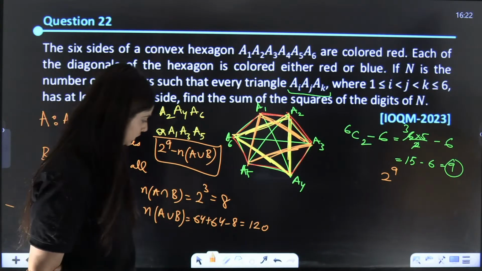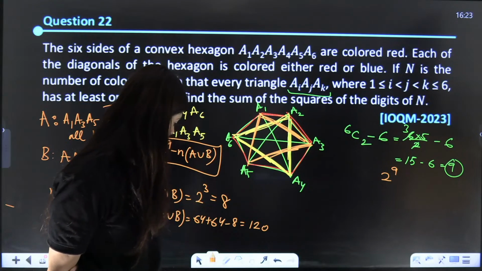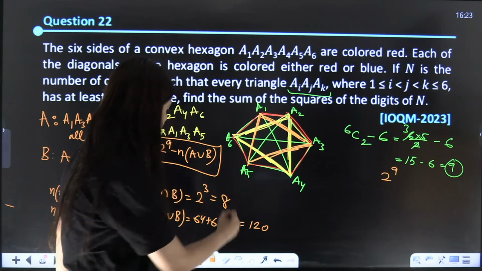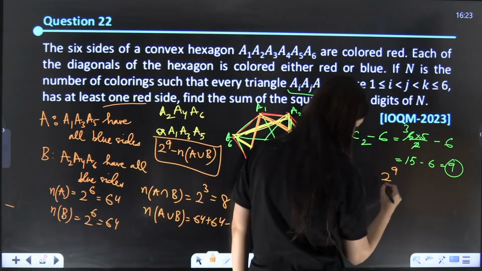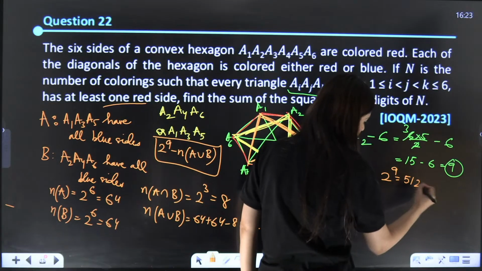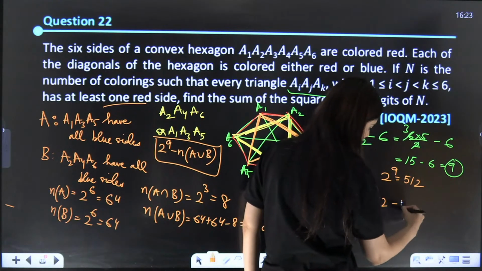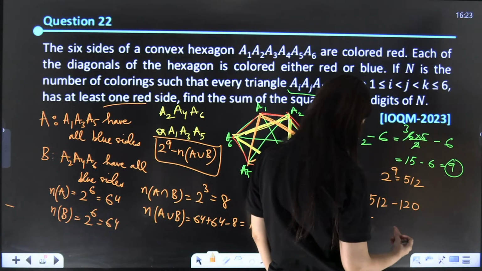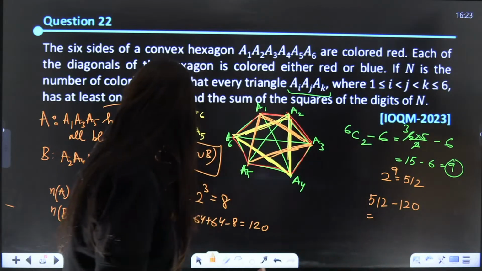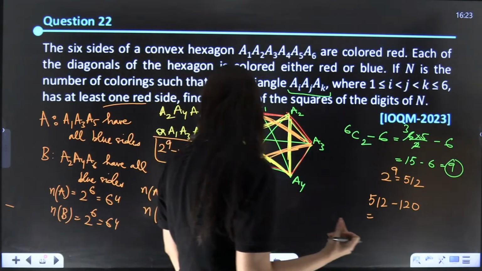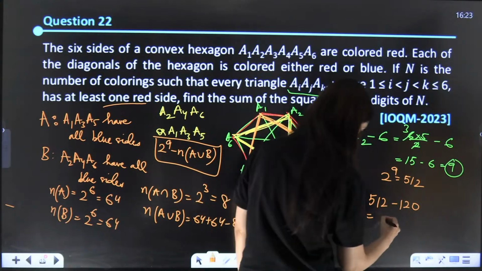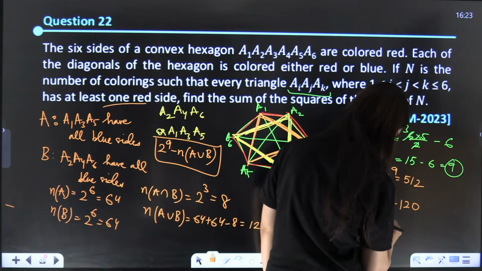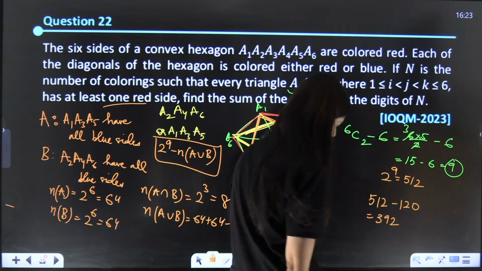Is that it? So our total answer will be 2 raised to power 9, that is 512, minus 120. And we get 392.